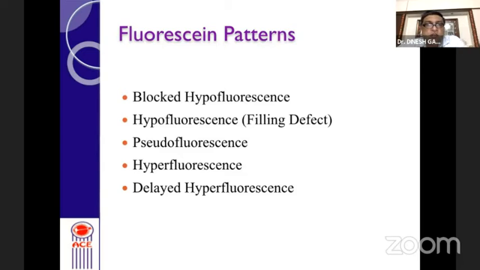So there can be blocked fluorescence, filling defects, pseudo-hyperfluorescence, pseudo-fluorescence, hyperfluorescence, or a delayed hypofluorescence. These are the patterns which are seen on fluorescein angiography due to the various defects or diseases.